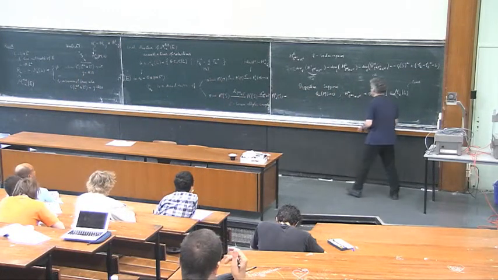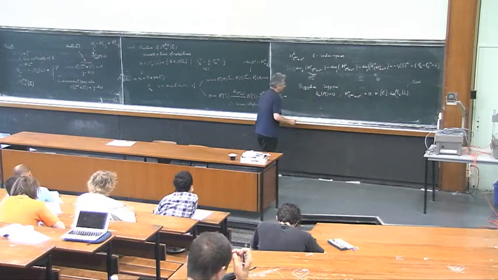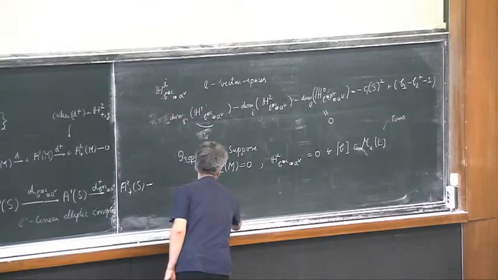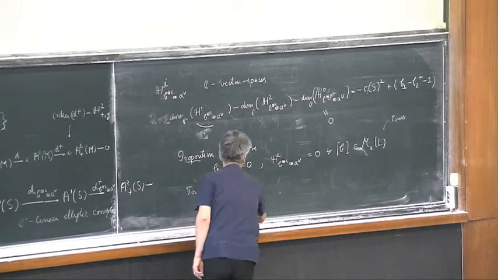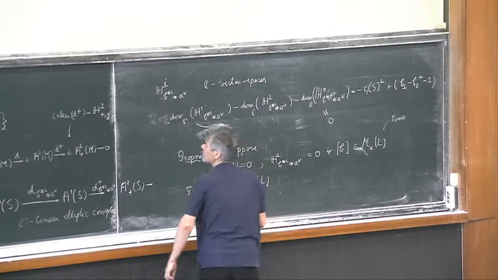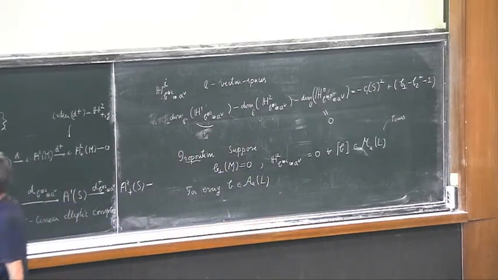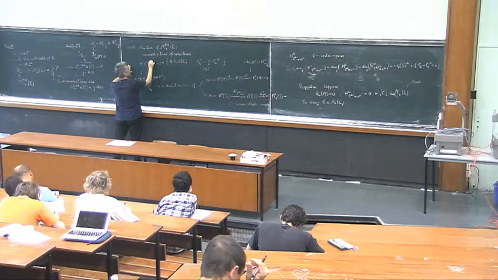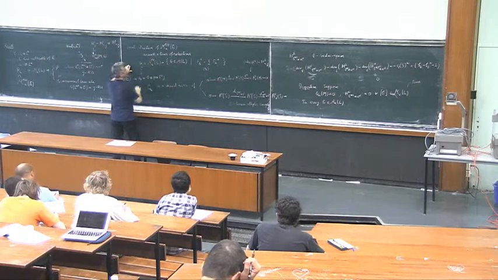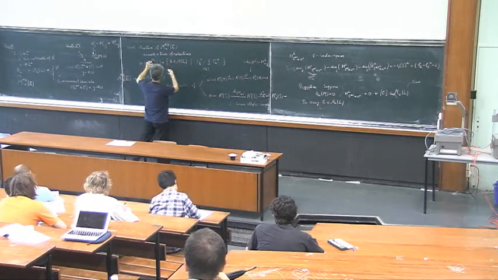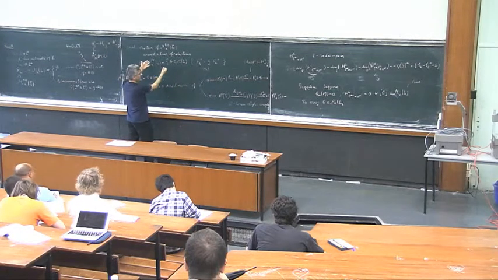So suppose that this holds, and then for every B in the space of solutions of the equation star, here, let me put it like this. I need an exponent here to point out that it's a space of solutions.